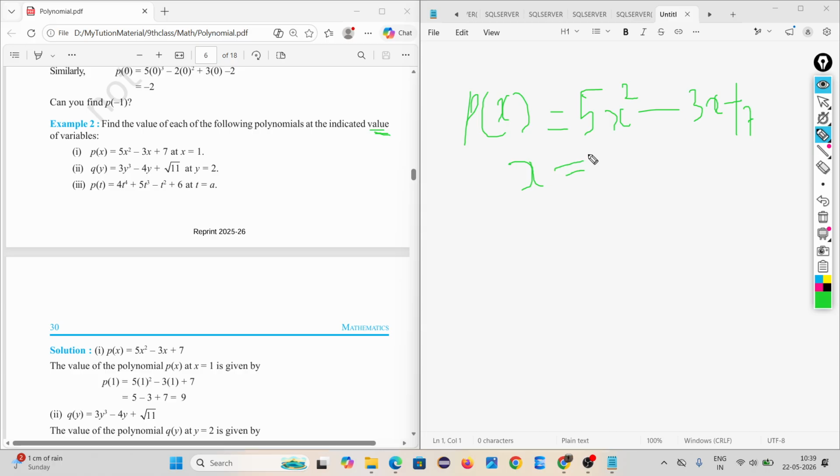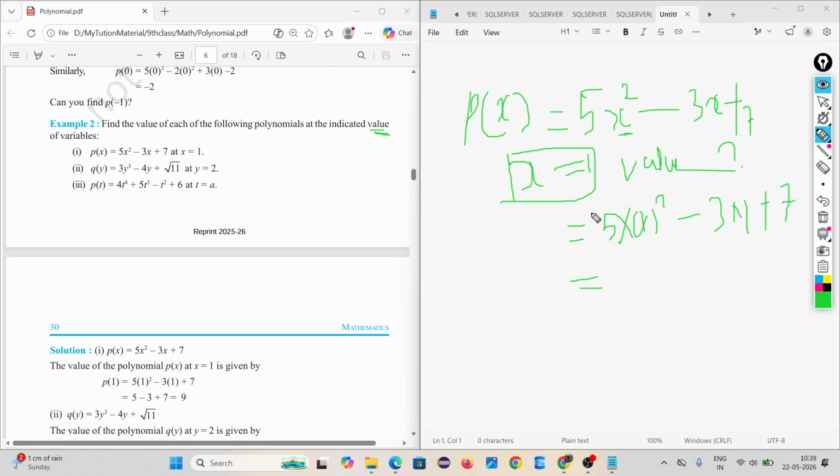In place of the variable, you have to put 1. 5 into 1 square minus 3 into 1 plus 7.